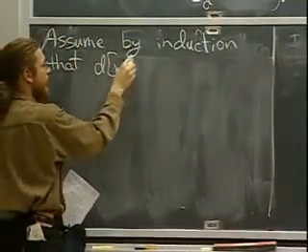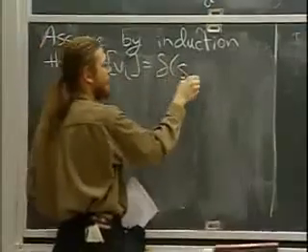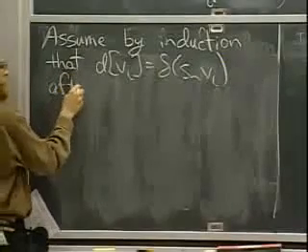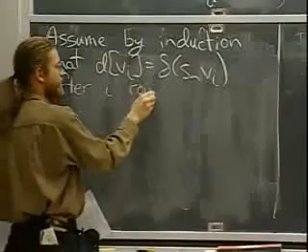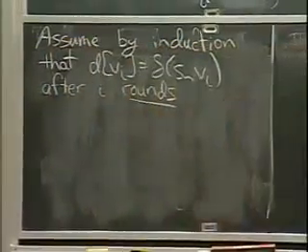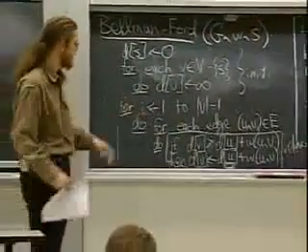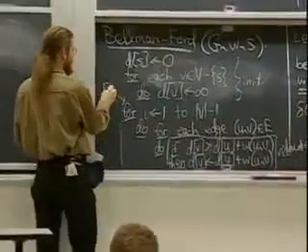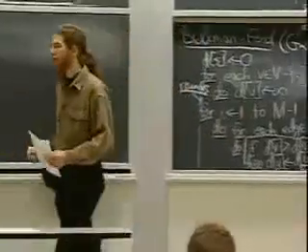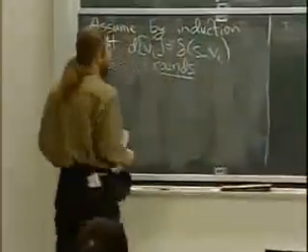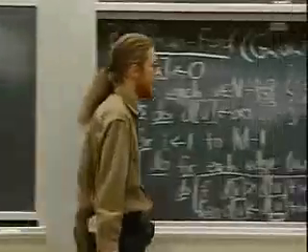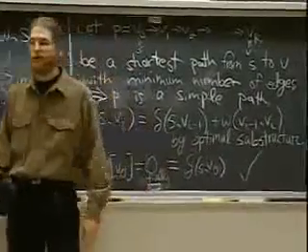Let's say that d of vi is equal to delta of s, vi after i rounds of the algorithm. So this is actually referring to the i that is in the algorithm here. These are rounds. So one round is an entire execution of all the edges, relaxation of all the edges. So this is certainly true for i equals 0. We just proved that. After 0 rounds, at the beginning of the algorithm, d of v0 equals delta of s, v0.